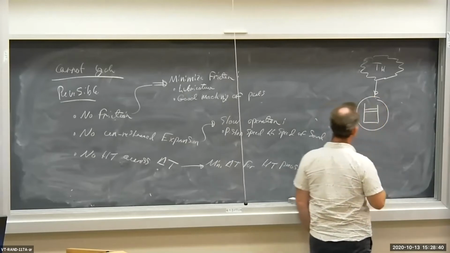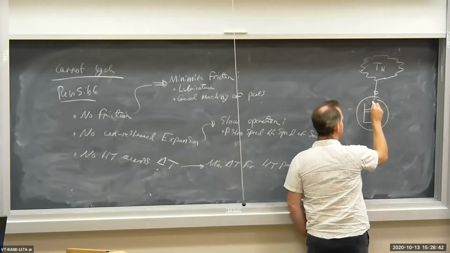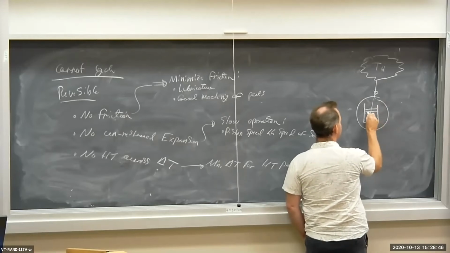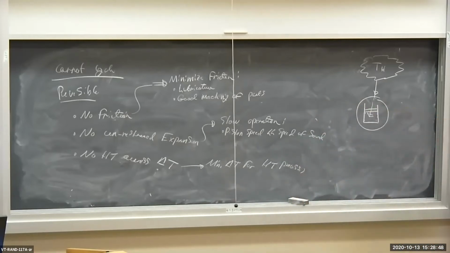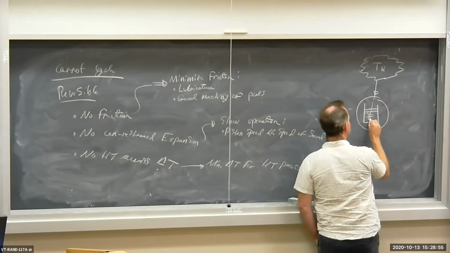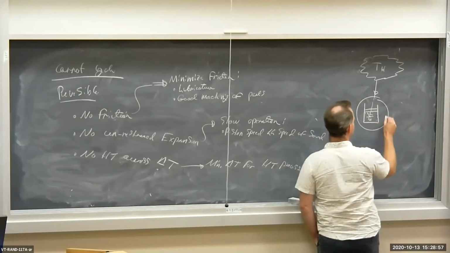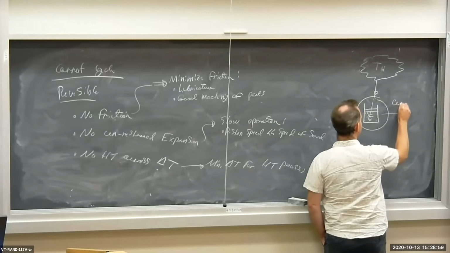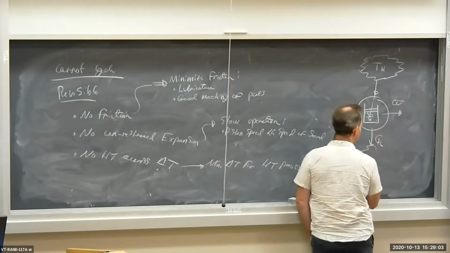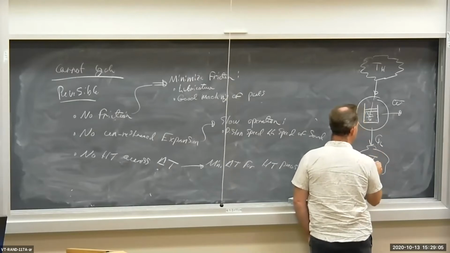Now I'm trying to transfer heat into my working fluid, okay? And my working fluid has a temperature, if it's a Carnot cycle, it would have a temperature T high. This is the Carnot cycle.